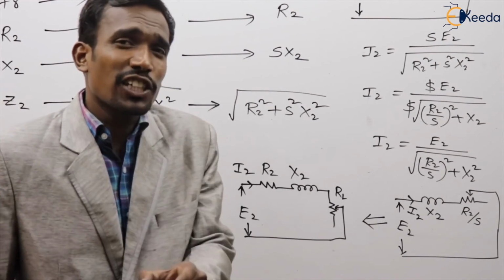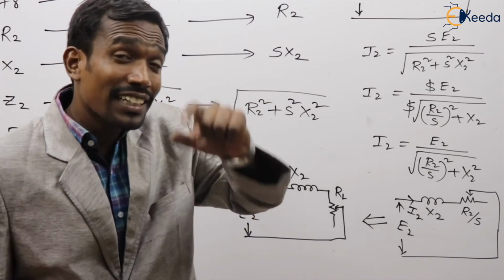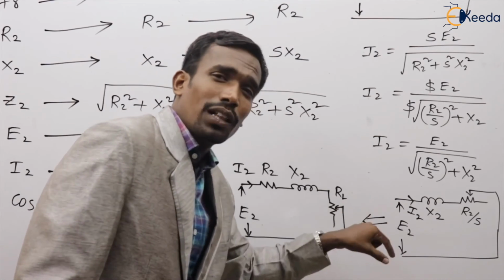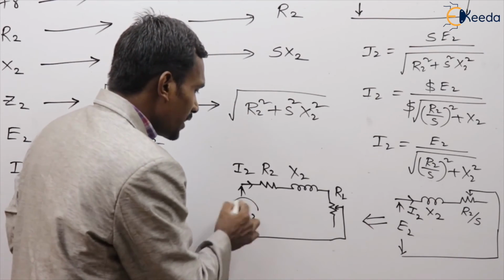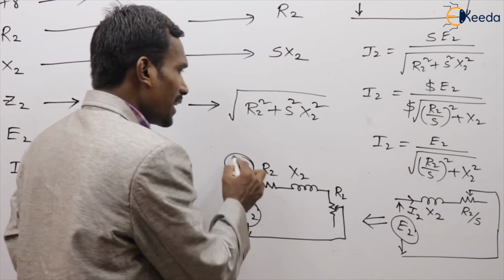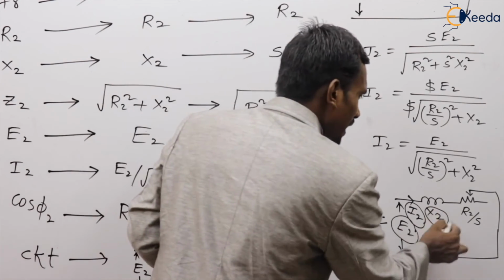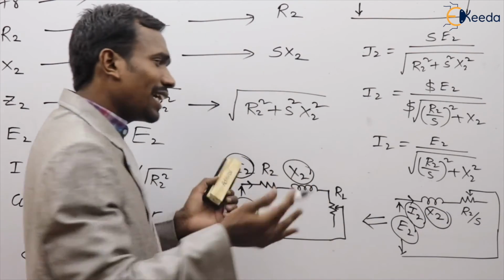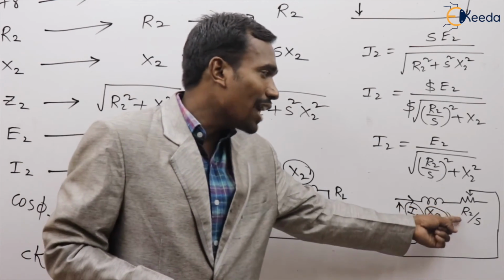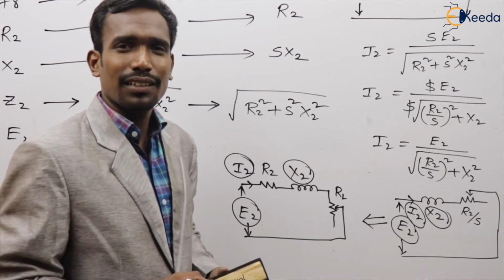What is the condition for these two to be equivalent? See here, E2 is there in both, I2 is there in both, and X2 is there in both. But here I have R2 by S, and here I have R2 and RL.